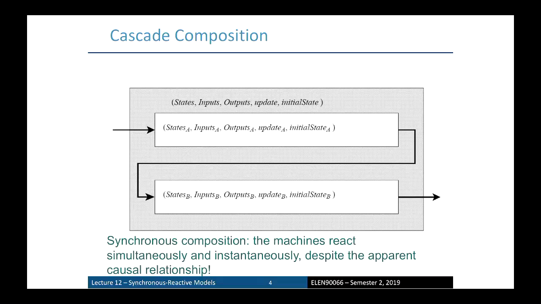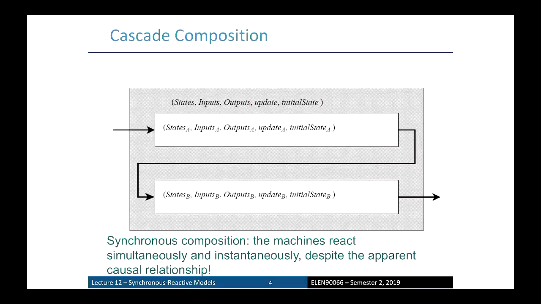In terms of asynchronous composition, if you want to asynchronously compose things in cascade, it gets very messy because you're allowing A and B to react in arbitrary order. If we have interleaving semantics here, then we could miss information. For instance, if there was a reaction on the overall state machine, a reaction on the input, but you only allowed B to react for that particular input, then you may miss information because the other state machine hasn't reacted.